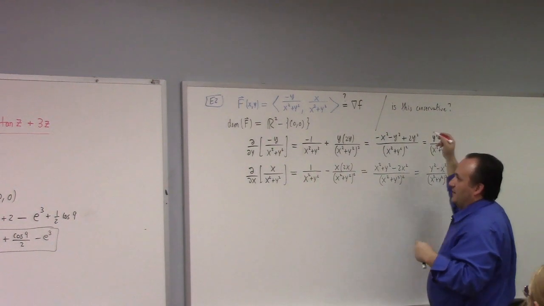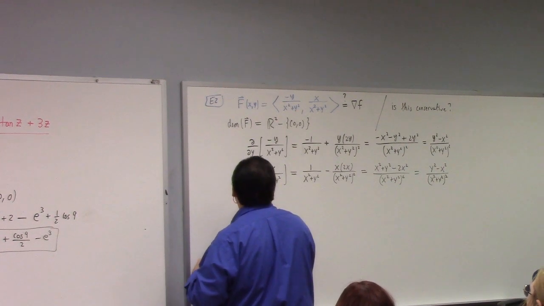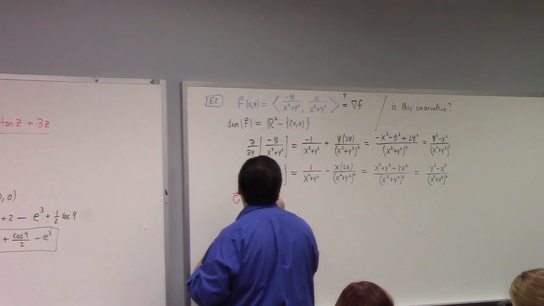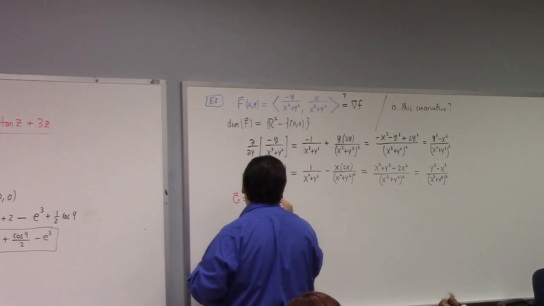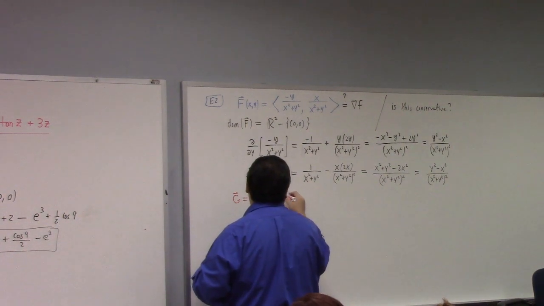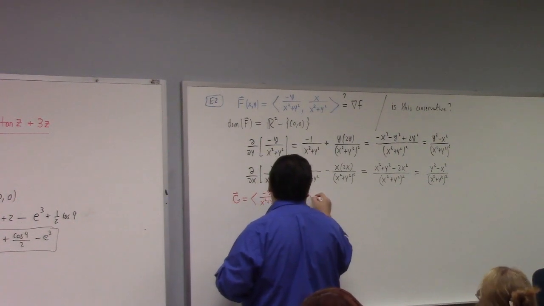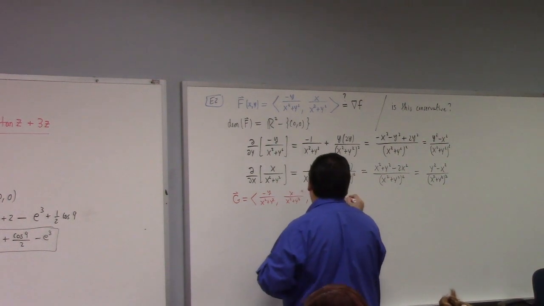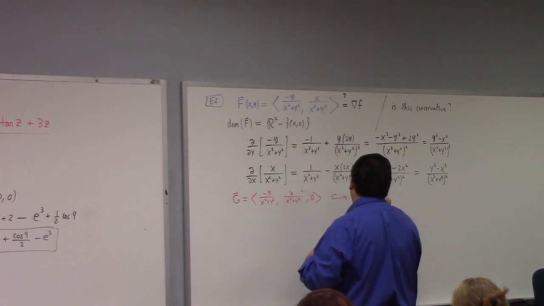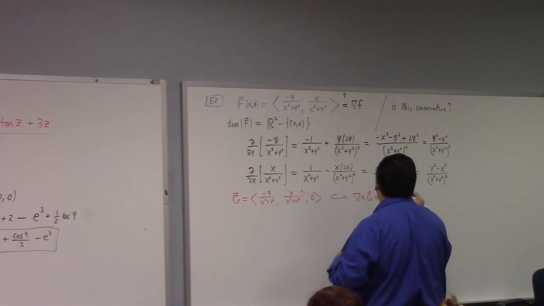But what we're really looking at here is if we let g equal minus y over x squared plus y squared, comma x over x squared plus y squared, comma 0, right? Well, then the curl of g is 0, 0.